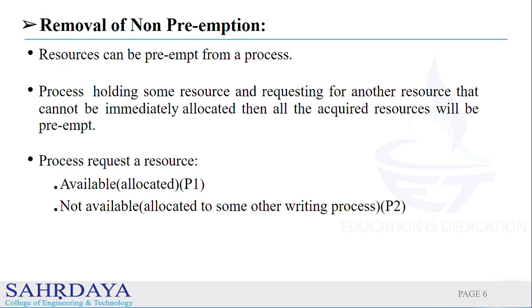Next is removal of no-preemption. No-preemption means you cannot forcefully take any resources from a process. Removing it means we can forcefully take resources from a process, but from a waiting process, not from a running process.